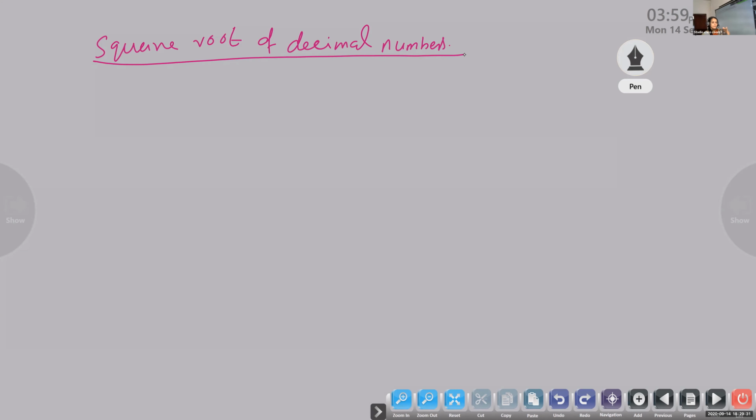Before starting the problems, you have to write those steps and attach them. Last day I sent the photo. Okay, you can see that. Write those notes and attach them at the beginning of the division method. Now, square root of decimal numbers.